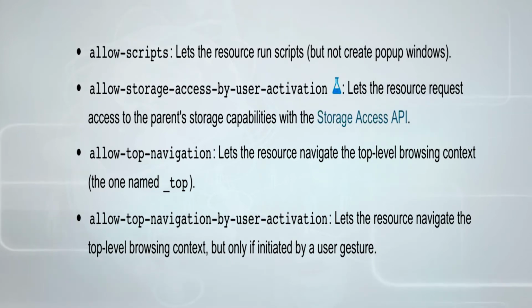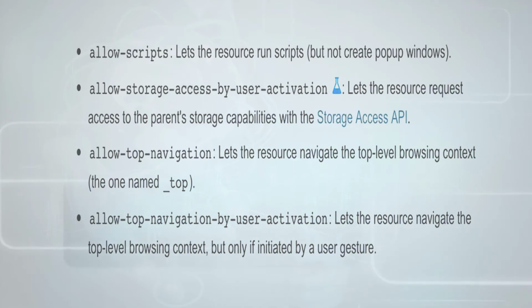Then we have allow top navigation. It lets the resource navigate the top level browsing context, the one named top. Then we have allow top navigation by user activation. It lets the resource navigate the top level browsing context, but only if initiated by a user gesture.